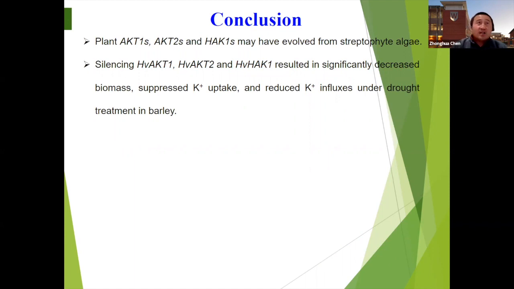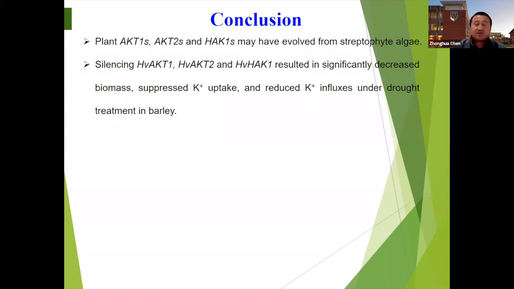Okay, to summarize, here we found plant AKTs, HvAKT1 and 2, may have evolved from streptophyte algae, but at what exact species and where is still not very clear.